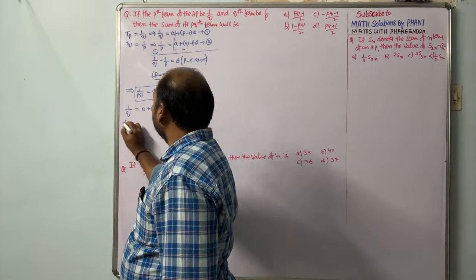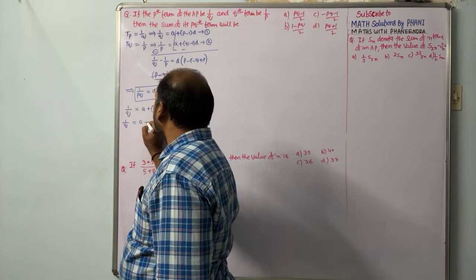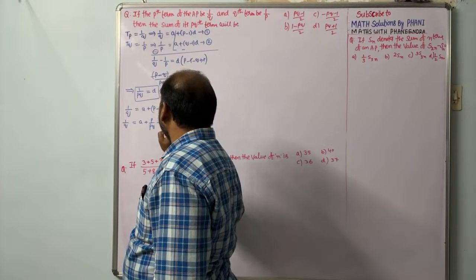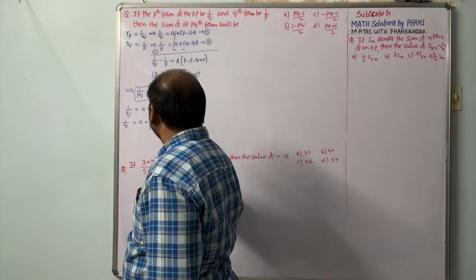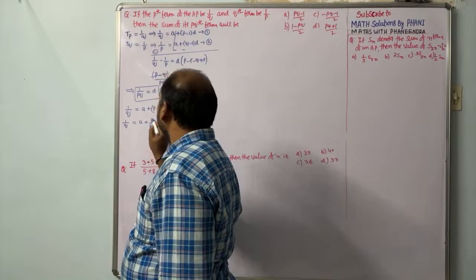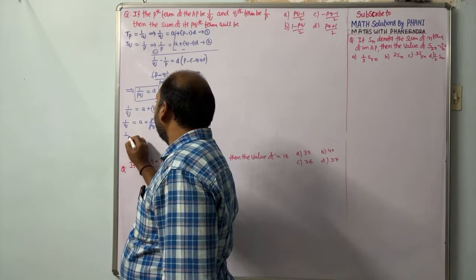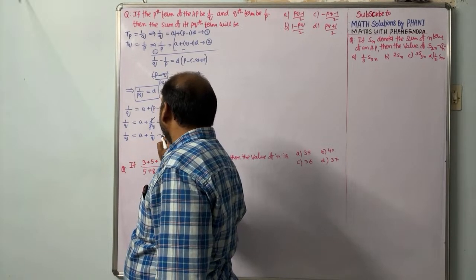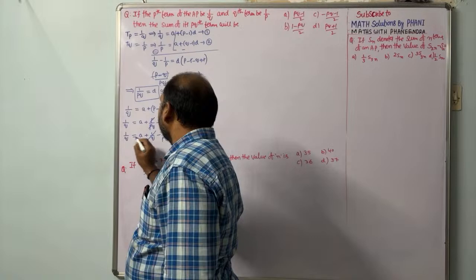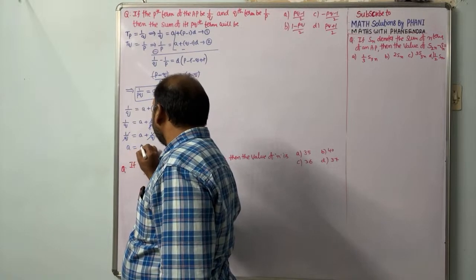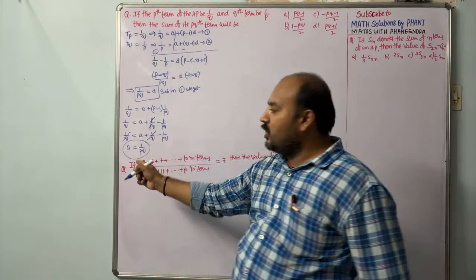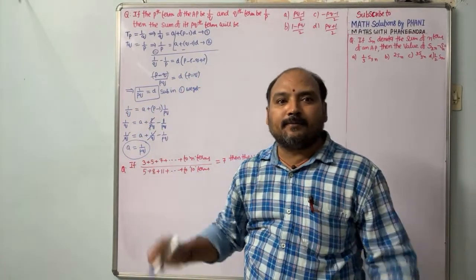So 1 by q equal to a plus p by pq minus 1 by pq. So 1 by q is equal to a plus 1 by q minus 1 by pq. So a value is also 1 by pq. From this, d value and a value we are getting the same.